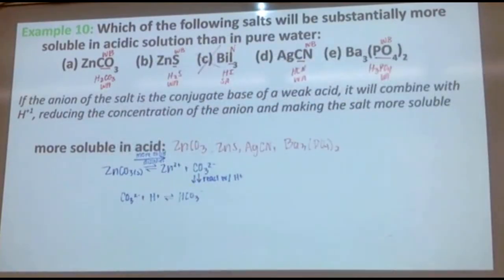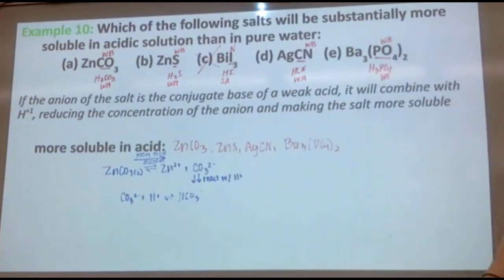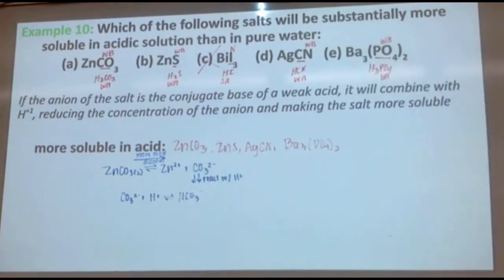It's a weak base. I minus is neutral. It's not going to act like a base. It's not going to react with H+. So the 4 that are more soluble are the ones that had the bases. That's what we look at with solubility in an acidic solution.